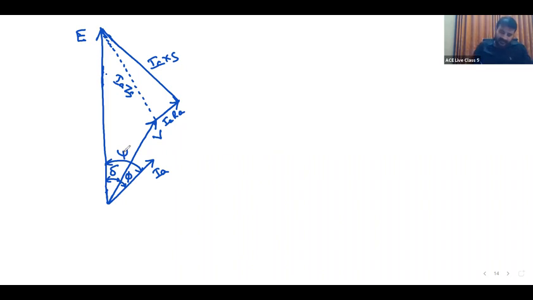And for simplification, see, in this diagram, I can divide V into two components. This is V cos phi.